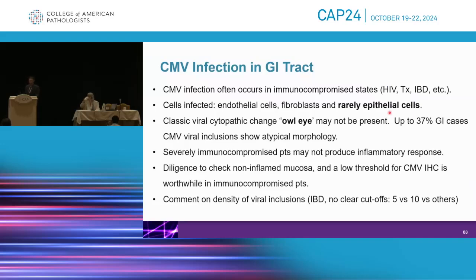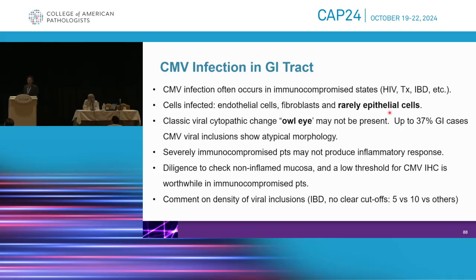CMV infection in the GI tract is not that common, but it is most commonly seen in immunosuppressed conditions, for example HIV patients, or transplant patients: kidney, liver, or sometimes heart and lung transplantation. Also, IBD patients who are refractory to treatment often have CMV infection; I will mention that later.